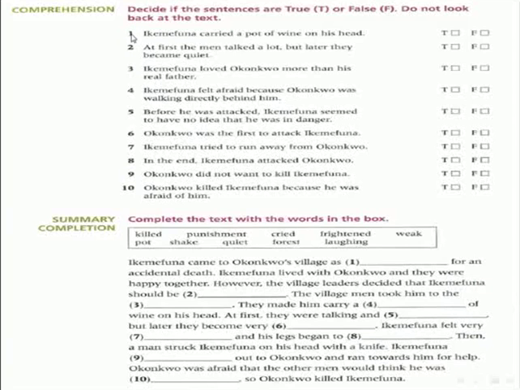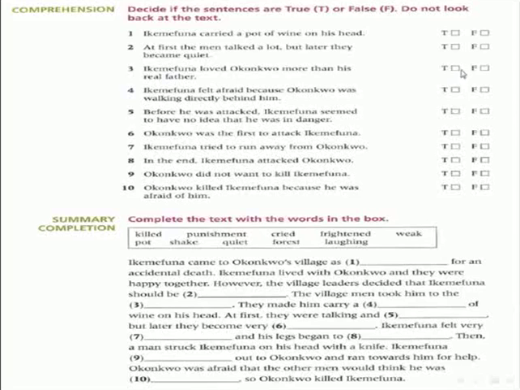Number 1. Ikemefuna carried a pot of wine on his head. True. Number 2. At first, the men talked a lot, but later they became quiet. True. 3. Ikemefuna loved Okonkwo more than his real father.